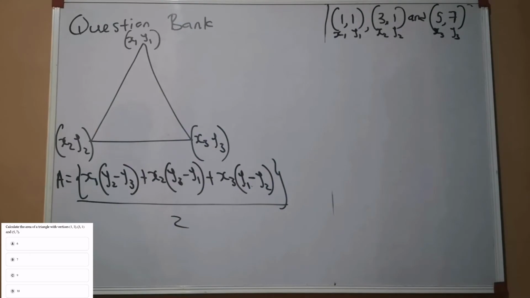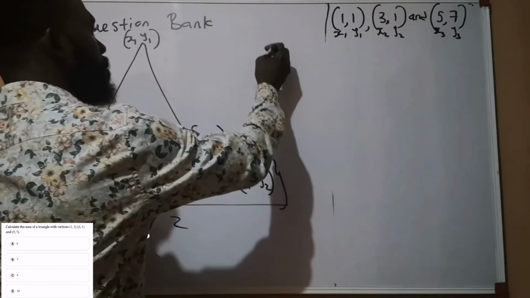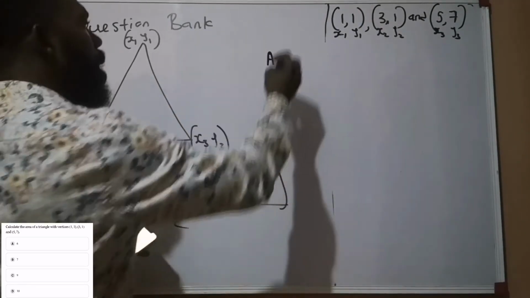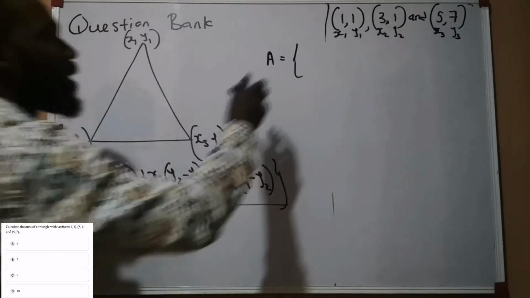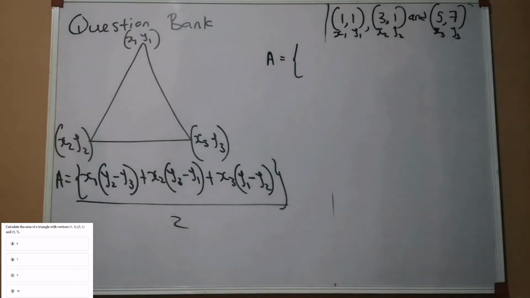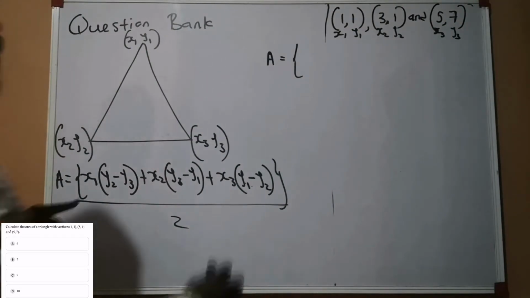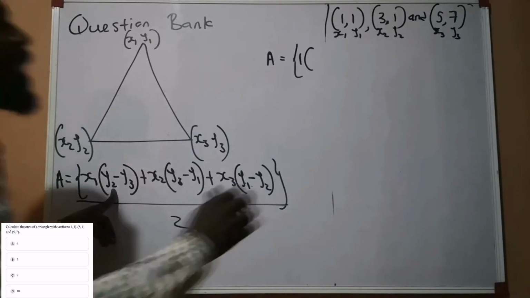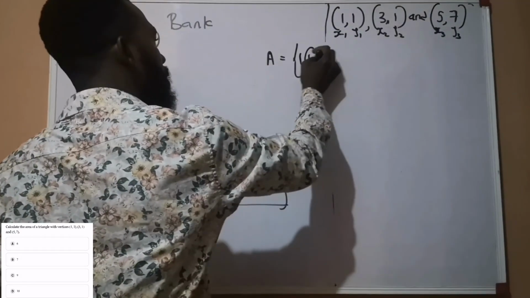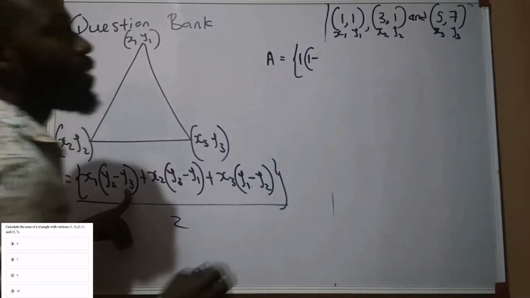So the area becomes x1. What do I have as my x1? x1 is 1. So here becomes 1 into bracket y2. What's my y2? 1, minus, what's my y3? 7.